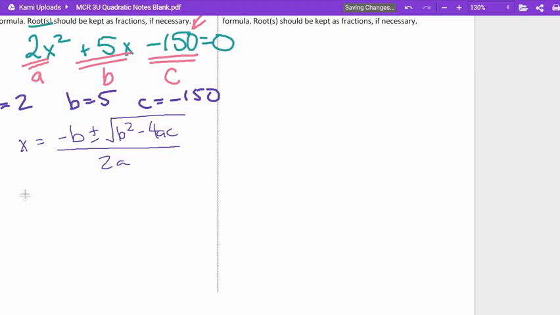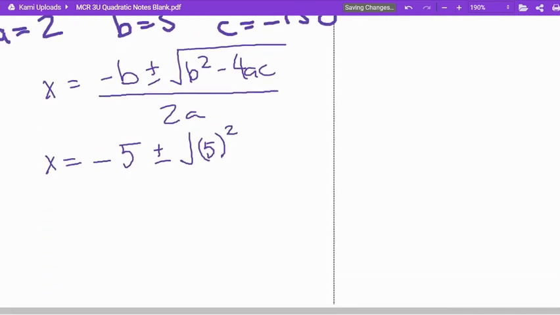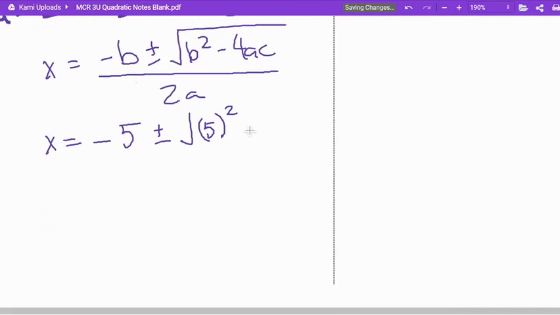All right, so let's plug in our numbers. x equals minus 5 plus or minus b squared. So 5 squared. Now, to be safe, you can always use brackets, right? Because if there's a negative number in there, you're going to mess up without brackets. Minus 4 times a times c.